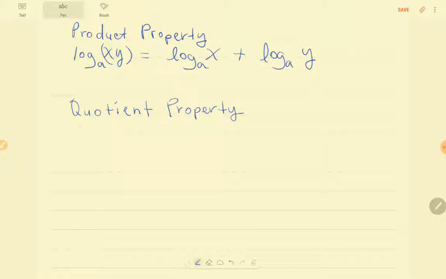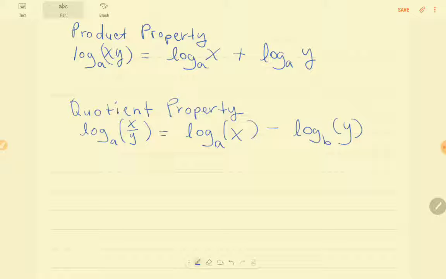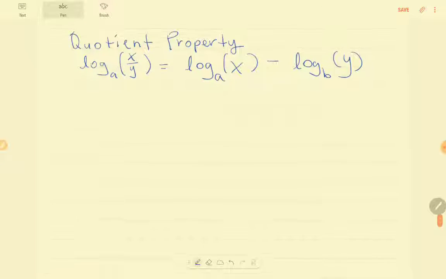So, our quotient property is that the log of some base with an argument that is the quotient of two numbers can be rewritten as two separate logs. This time we're subtracting them though. So that would be x and y. Okay, should we try? Or do you just want to believe me? You just want to believe me, right?